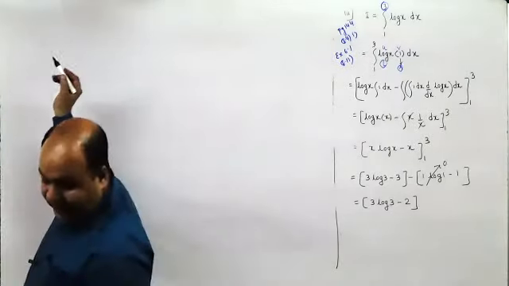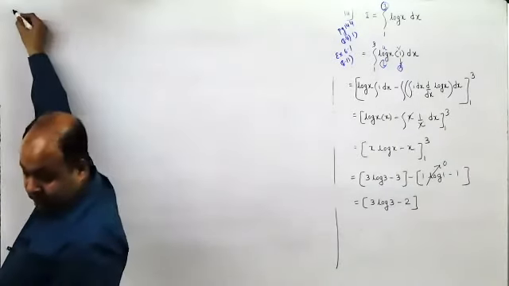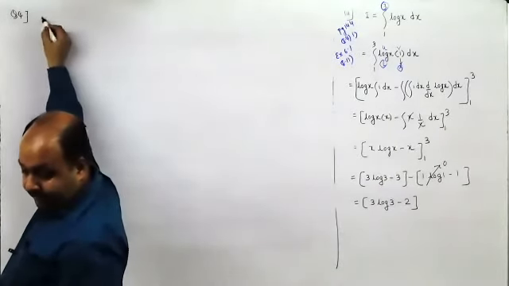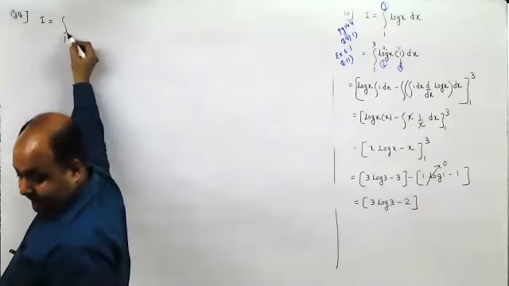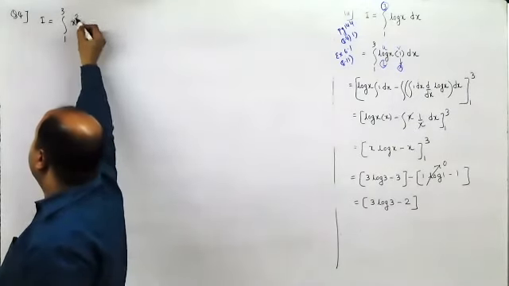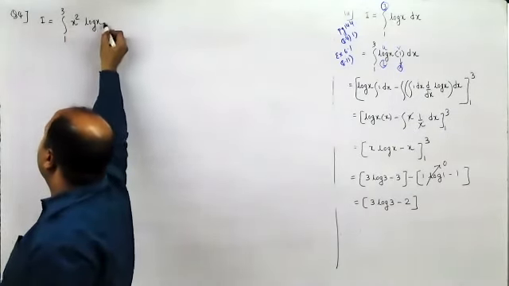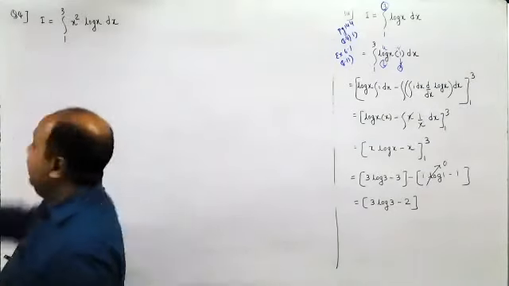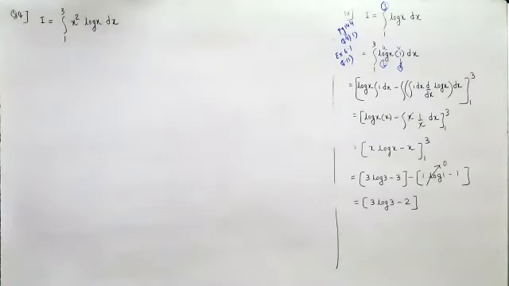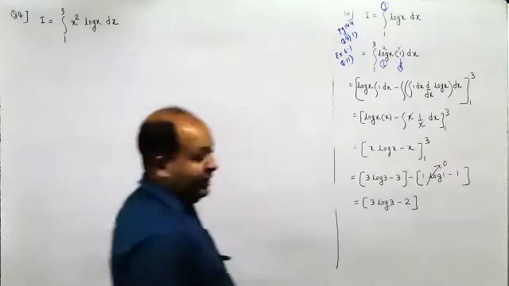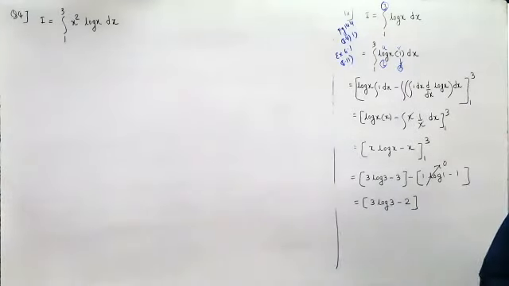Next is x square log x. Here, x square log x, so we'll take u into v over here. This is a product of two terms.